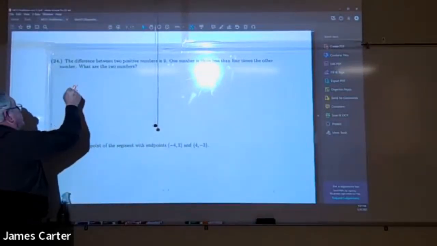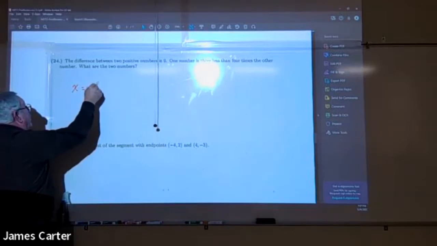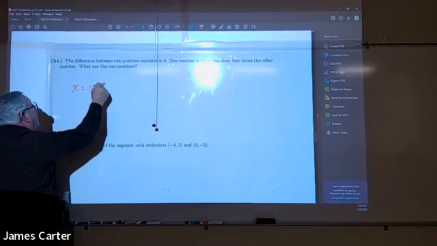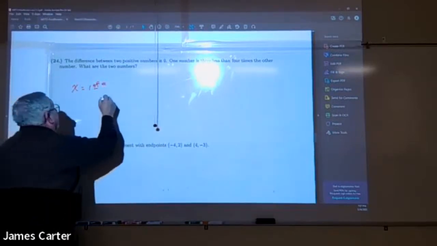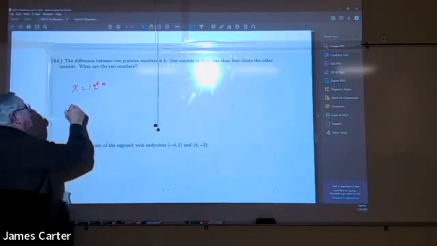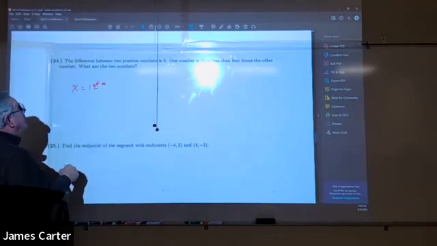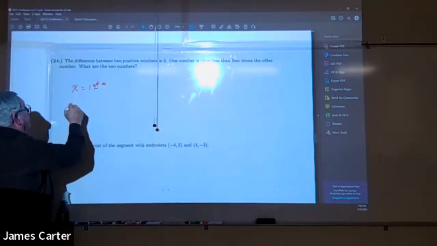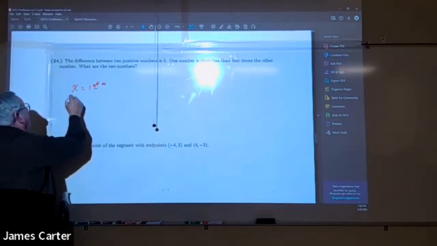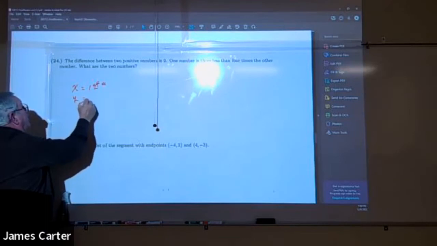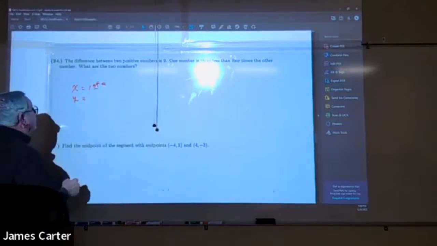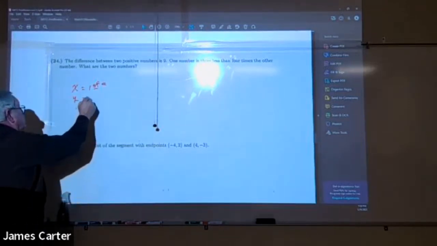If x is the first number, then because this says they're positive over here, and then our other one, we've got y equals obviously our second number.